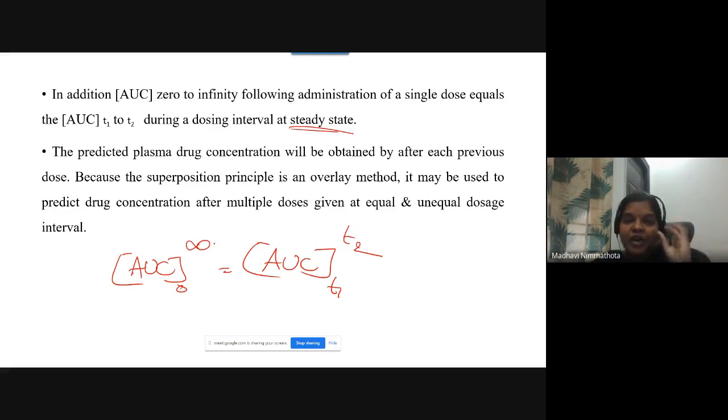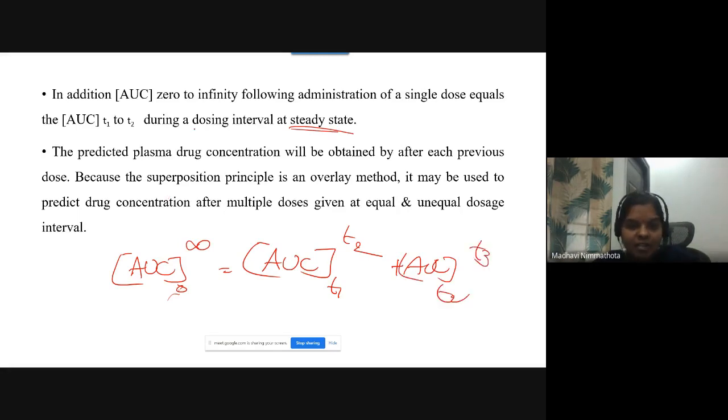So, for knowing the AUC from the initial time to infinity, we can take into consideration AUC T1 to T2 plus AUC T2 to T3, like that.